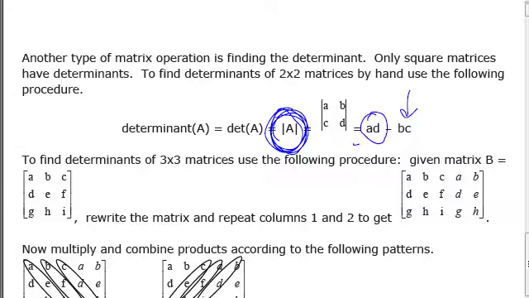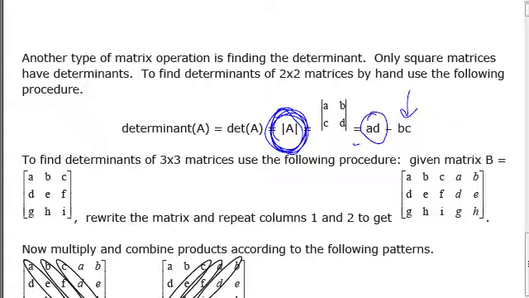Notice you have A, B, C, D, E, F, G, H, and I in a 3 by 3 matrix. But you will run out of values because you're not going to be able to find the determinant of a 3 by 3 using the same process to the T. You have to adjust it a bit so that it works for you.